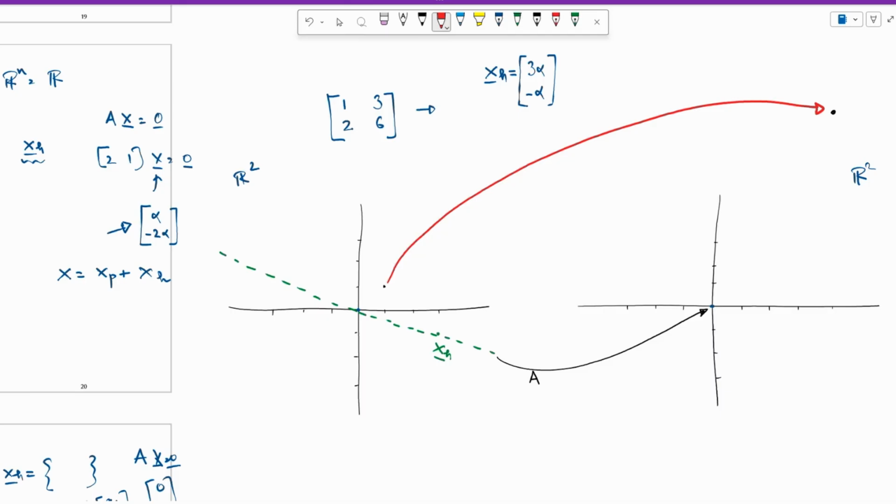Now I ask you, is that the only point that gets mapped to, what did you say this was? 4, 8. This was 1, 1. So 1, 1 got mapped to 4, 8. I'm asking you, is that the only point that gets mapped to 4, 8?